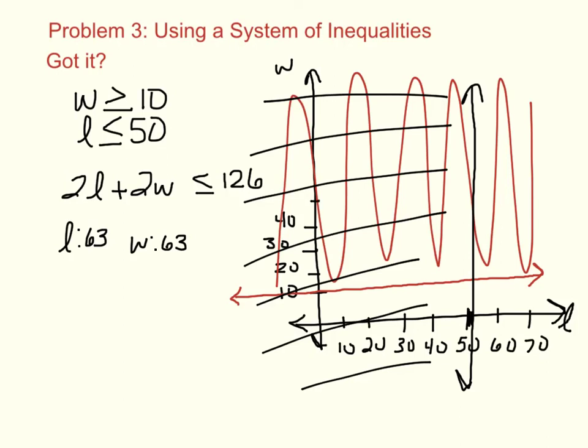I'm going to graph these up to 70. Put a dot on 63. Put a dot on 63. It's going to be equal to or less than 126, so it can be a solid line. I'm going to make this green.